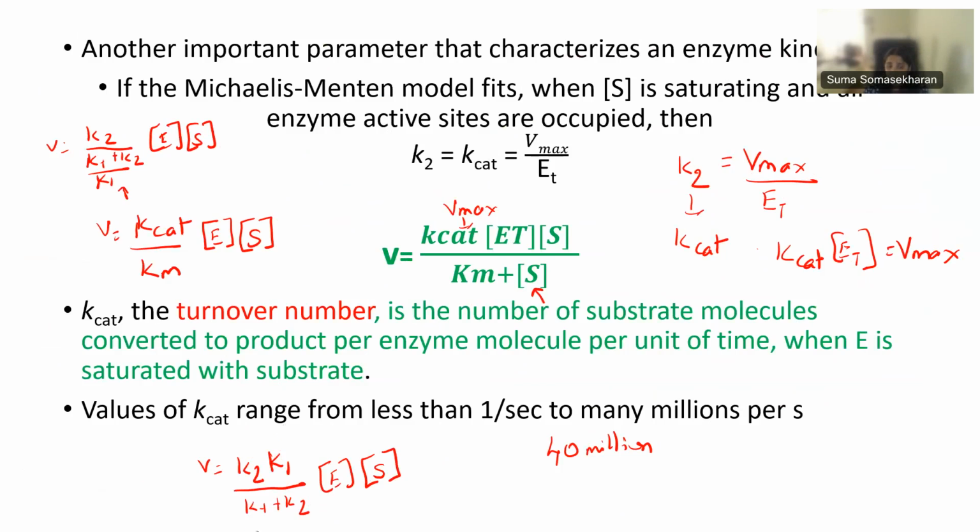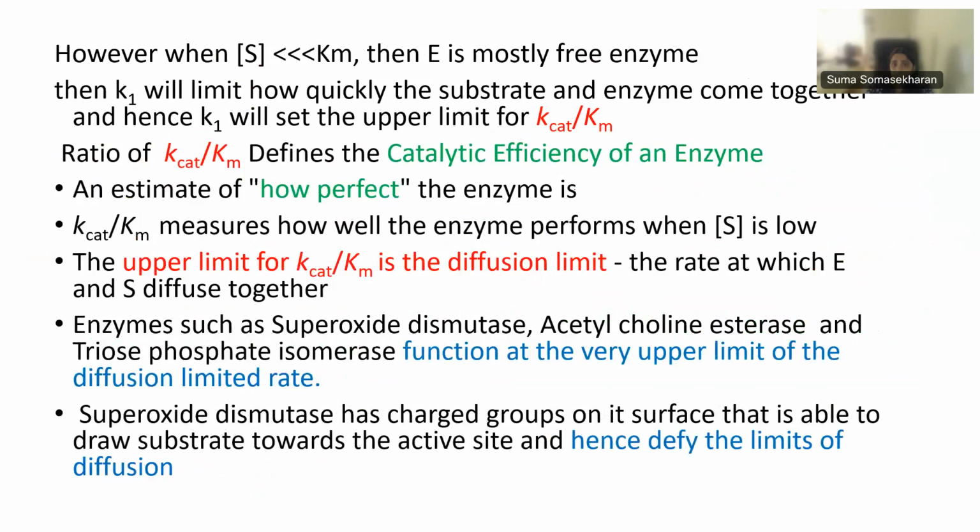And so if we look at this in this fashion, under low substrate concentrations, how efficient an enzyme will be is defined by the value of k1. So Kcat over Km is also referred to as the catalytic efficiency of the enzyme.